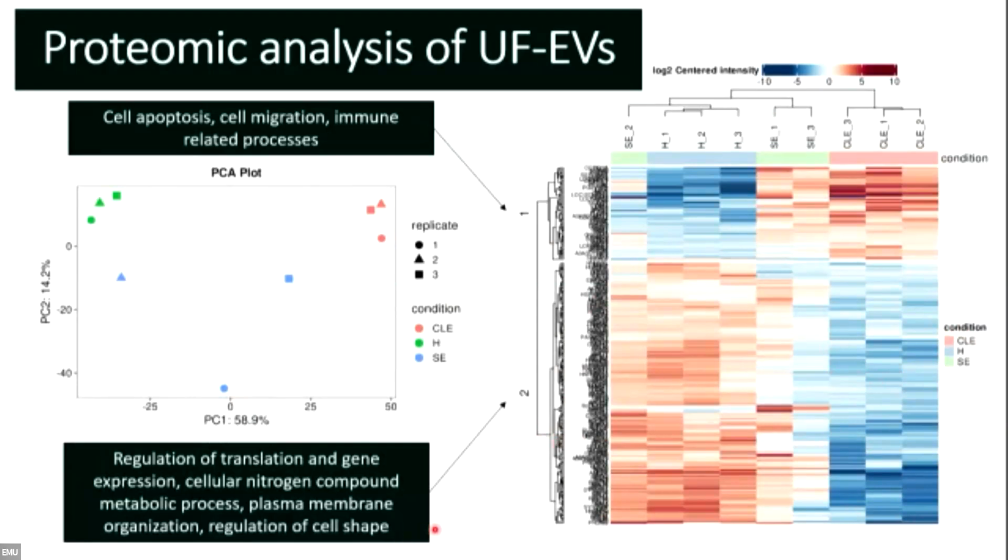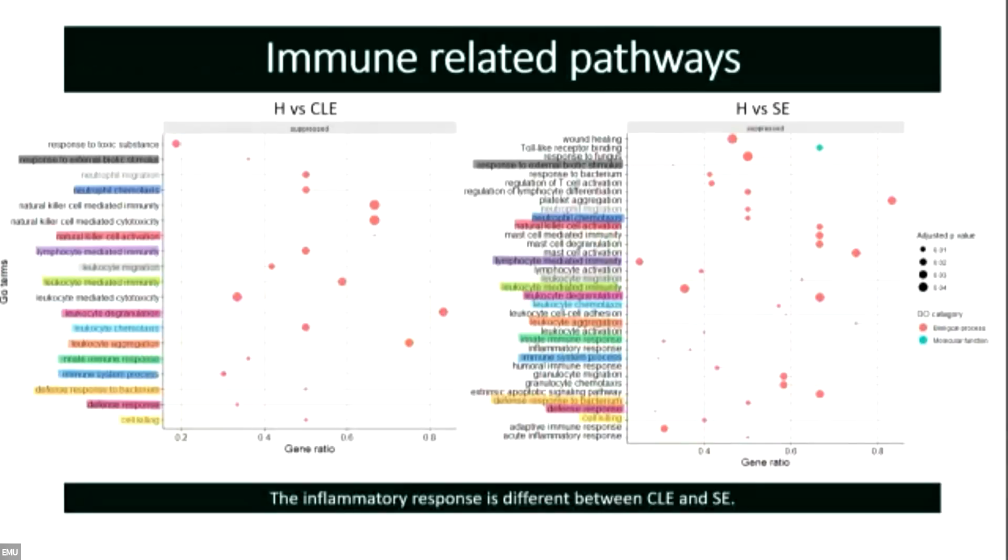These proteins were mainly related to gene expression, regulation of translation, cellular nitrogen compound metabolic processes, plasma membrane organization, and regulation of cell shape. The first cluster of the heat map, however, displayed increased enrichment of proteins in both clinical and subclinical endometritis, which were primarily associated with cell apoptosis, cell migration, and immune-related processes.